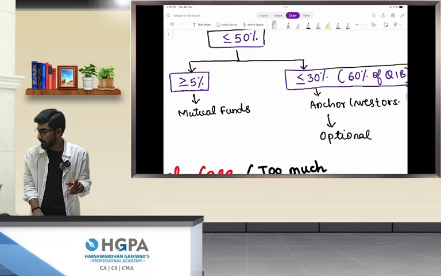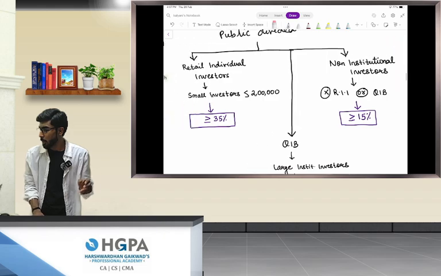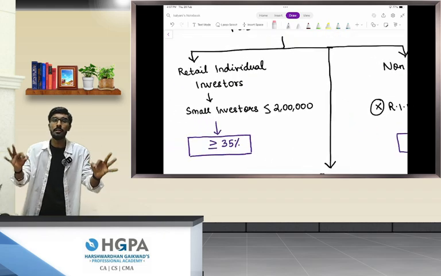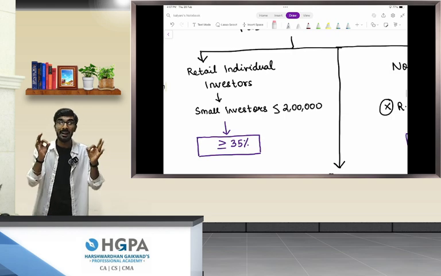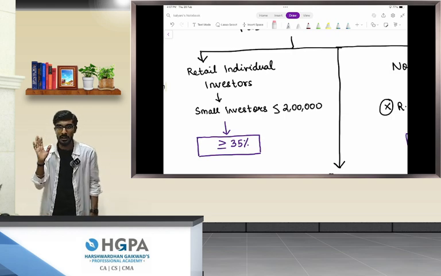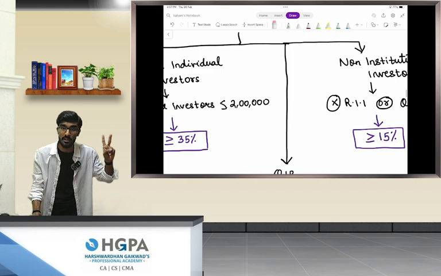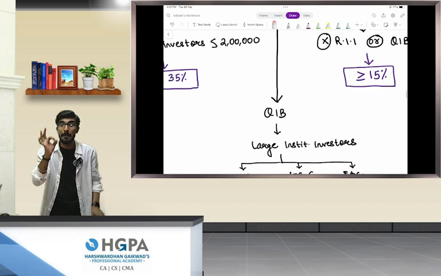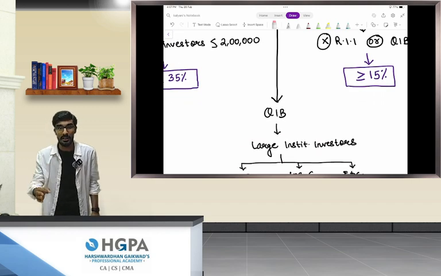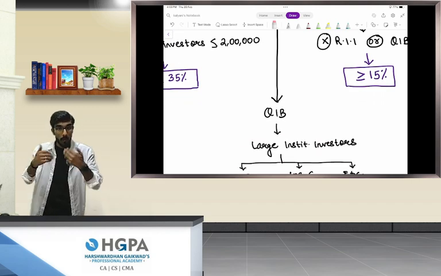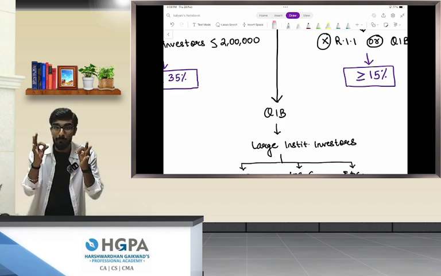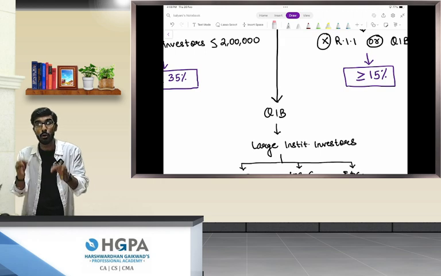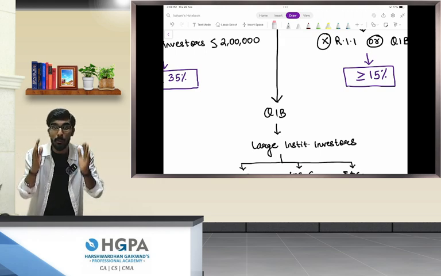Okay, cool. Let's quickly revise it again. Retail individual investors, not less than 35% of shares. Non-institutional investors, not less than 15% of shares. For QIB, a maximum of 50% of shares I can allot. Among those QIB shares, at least 5% I have to give to mutual funds.